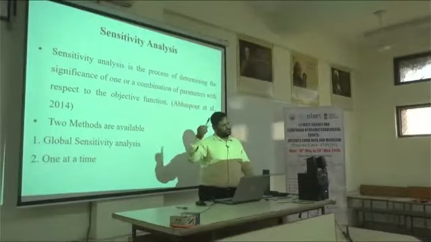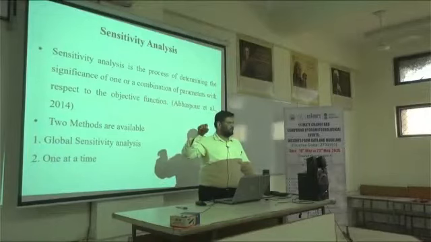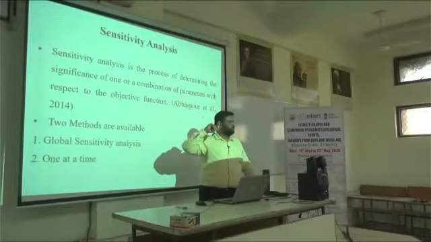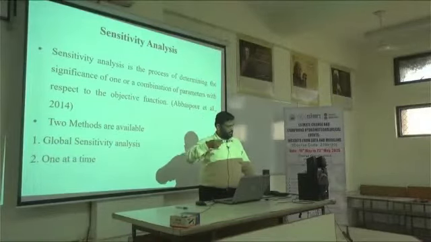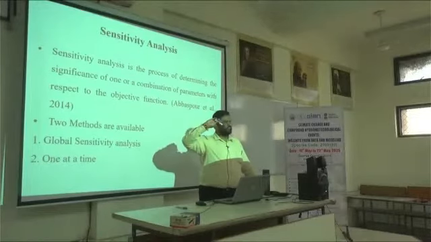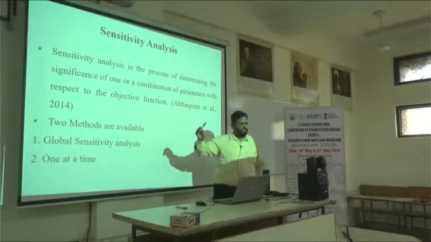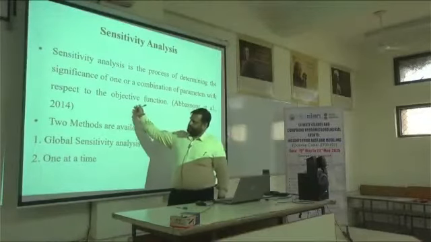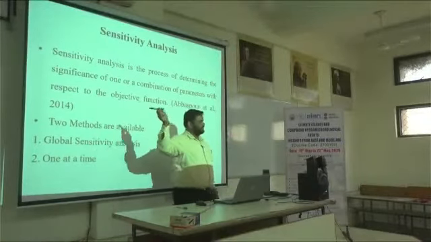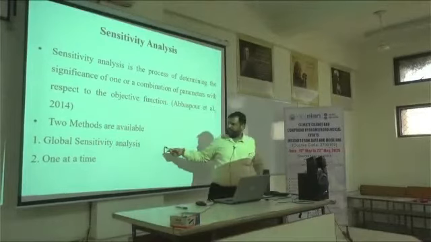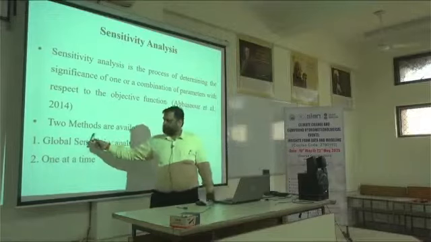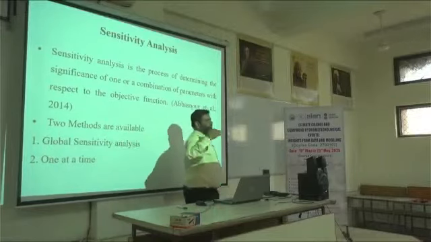So we can say it's the rate of change of output with respect to input: how we are changing the input parameters, and how our output is changing with respect to those inputs. That is known as sensitivity analysis. There are two methods. In global sensitivity analysis, we provide all the parameters.